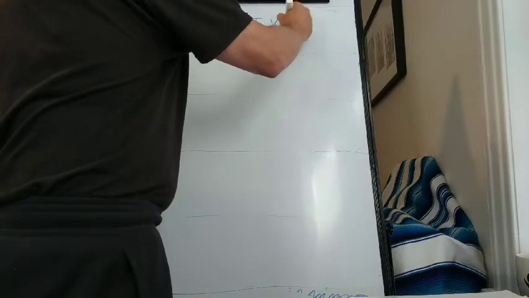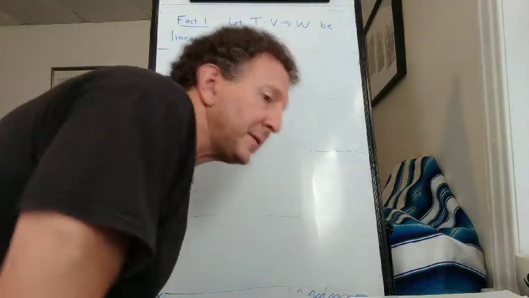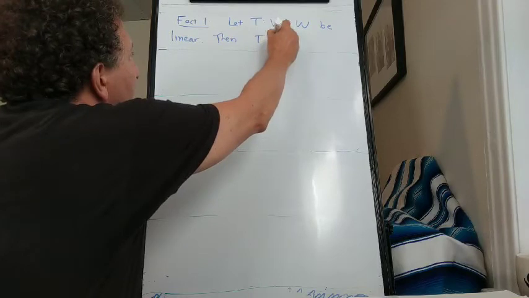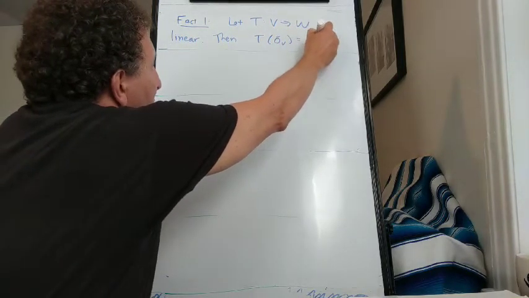Let T be a linear transformation from vector space V to vector space W. Then T maps the zero vector of V to the zero vector of W.